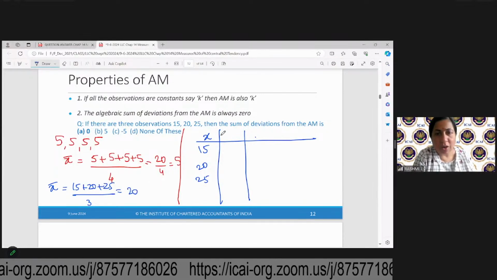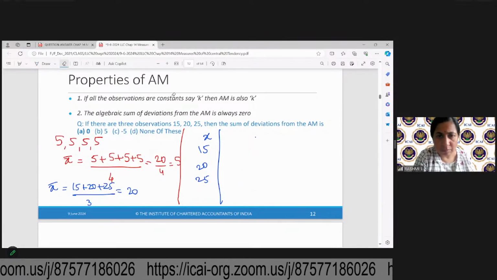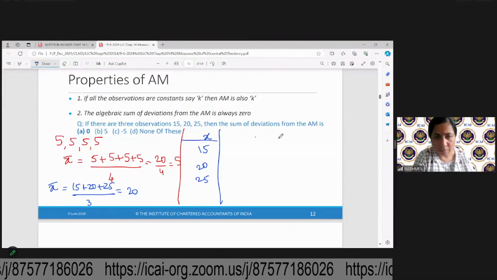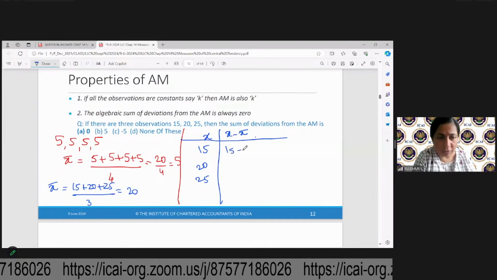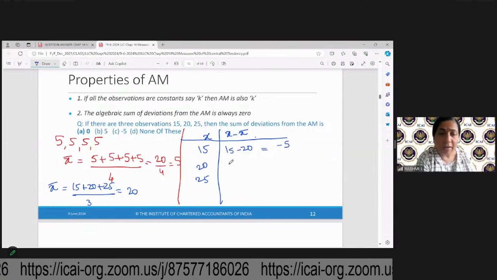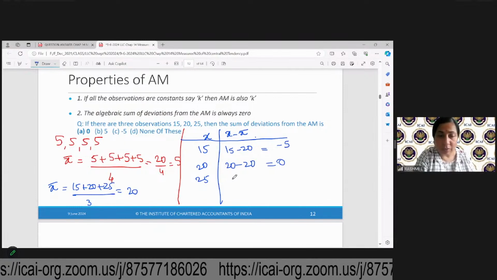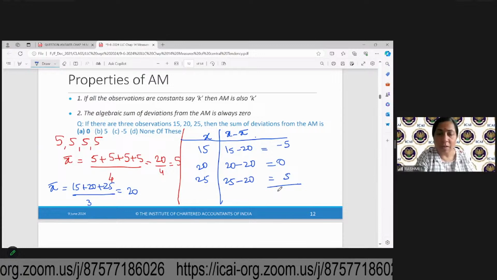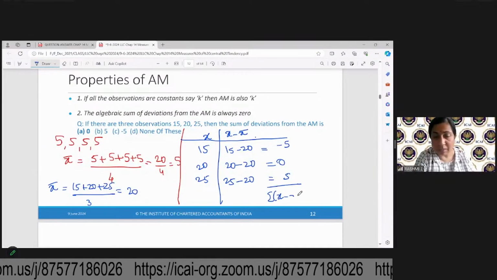Now I have this column x minus x bar. 15 minus 20 will be minus 5. 20 minus 20 will be 0. And 25 minus 20 will be plus 5. How much is the total, summation x minus x bar?